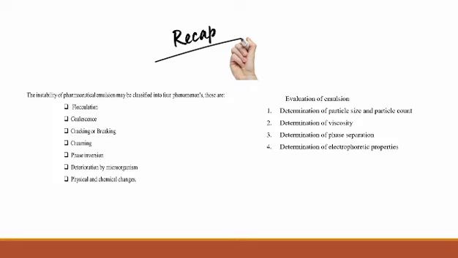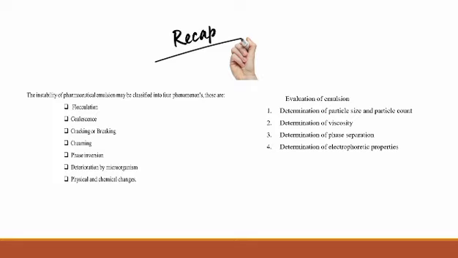First is the instability problems of emulsions. Instability is the deviation from the ideal behavior of emulsions. There are seven phenomena: flocculation, coalescence, creaming, cracking, phase inversion, deterioration by microorganisms, and miscellaneous physical and chemical changes.